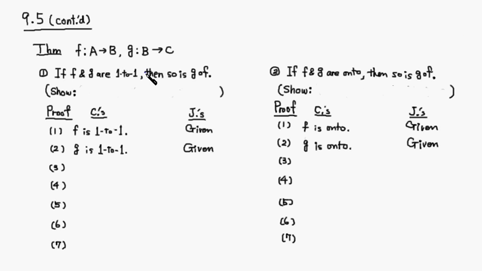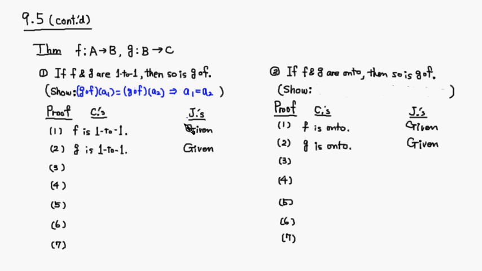In order to show that g of f is 1 to 1, we need to show that when g of f of a1 is equal to g of f of a2, then this must imply that a1 is equal to a2.